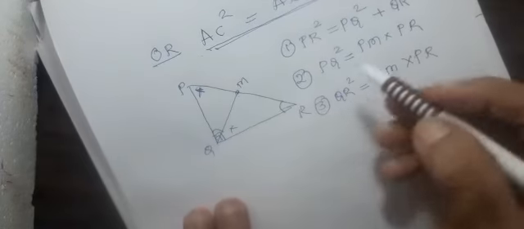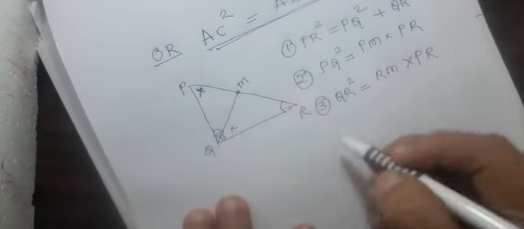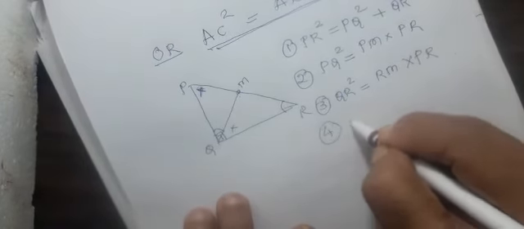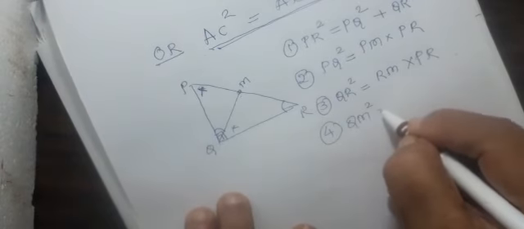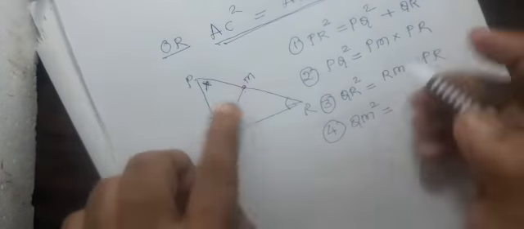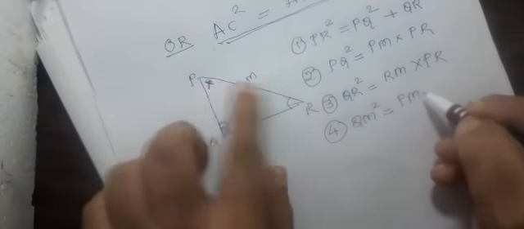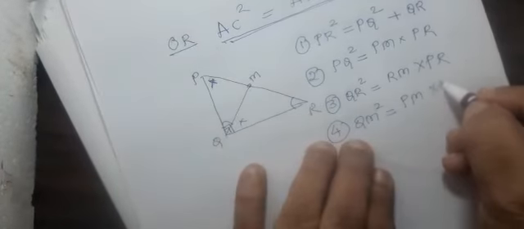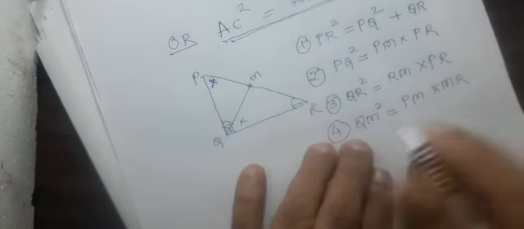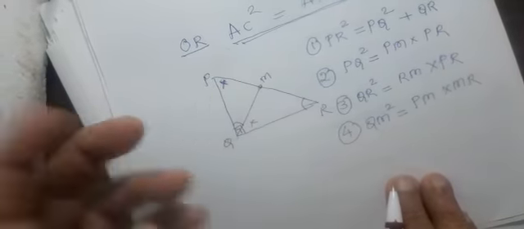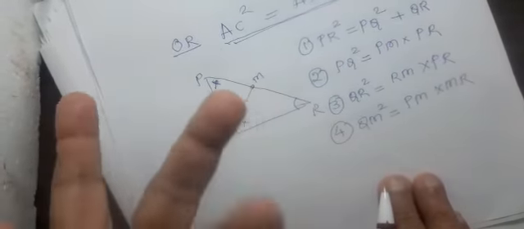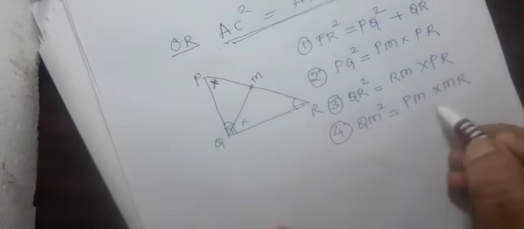Now there is a formula for QM also. That will be our fourth formula: QM squared is equal to PM into MR. That's all. MR means it is RM only. PM into RM I can write, or PM into MR.